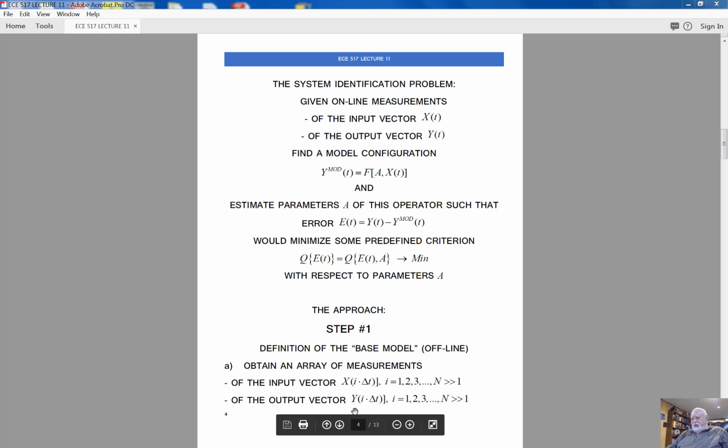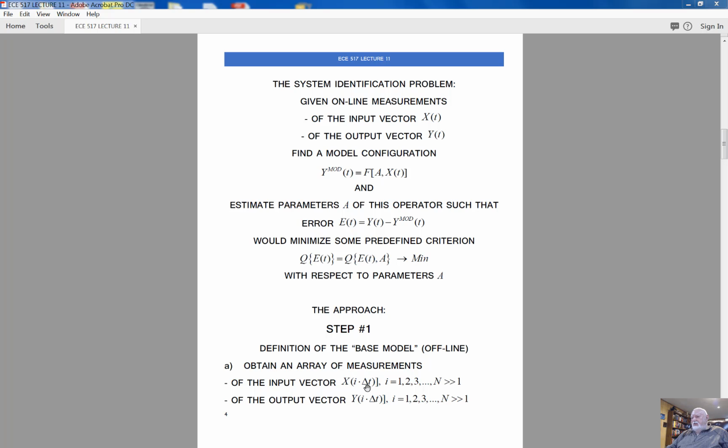output vector y. And I want you to take a look at the timing that I am using here. x is a function of i times delta t, which means that we have here discrete values of variables x. x is a vector, and i is the discrete time index.